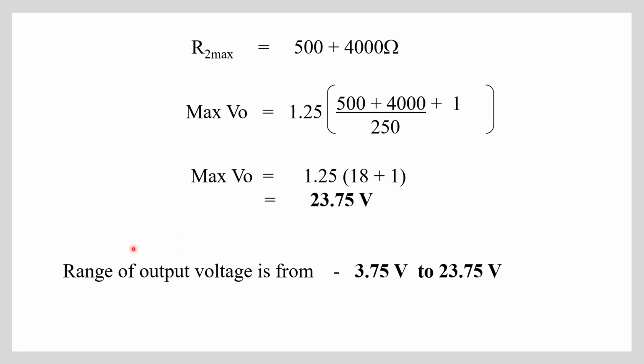So the range of the output voltage is from 3.75 volt, when R2 is equal to 500 ohm, to a maximum of 23.75 volt. By varying the potentiometer, we can vary the output voltage from 3.75 volt to 23.75 volt. Clear? Just by varying the potentiometer, we can get a variable DC output. It is simple, we just have to substitute the values in the formula.